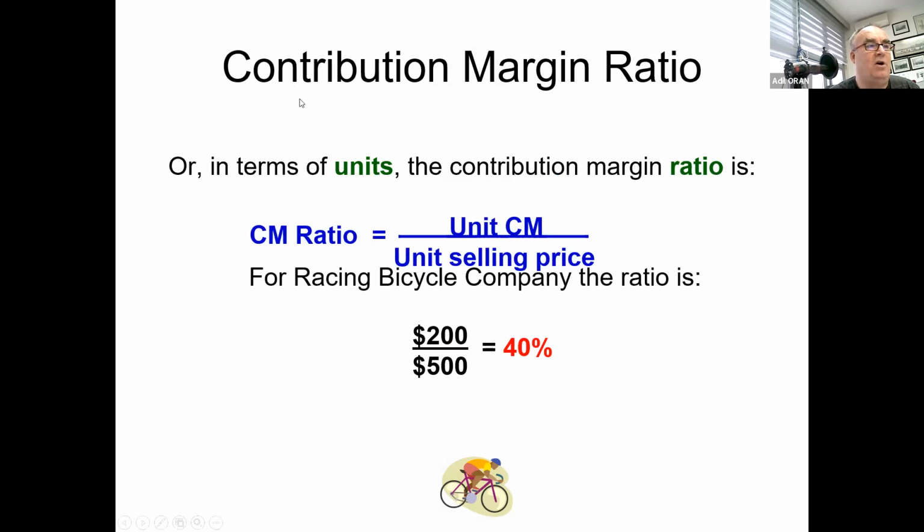On the other hand, a contribution margin ratio also basically means that after paying our variable costs, we have left over 40% of whatever sales revenue you generated. So that's what we have.